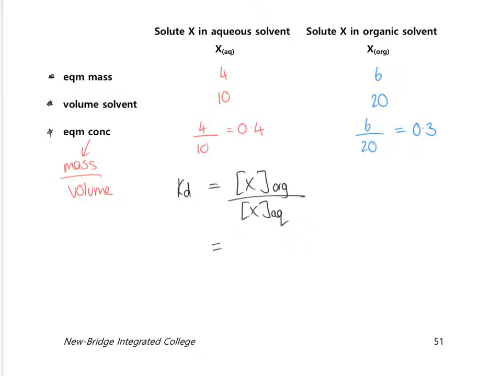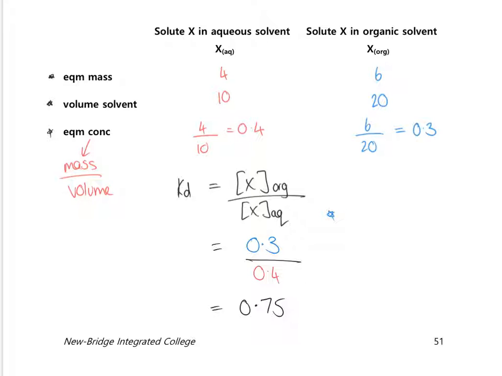Plugging our values in, we get 0.3 over 0.4, which gives us a KD ratio of 0.75. Because that is less than 1, our solute is more soluble in the aqueous layer than in the organic layer.